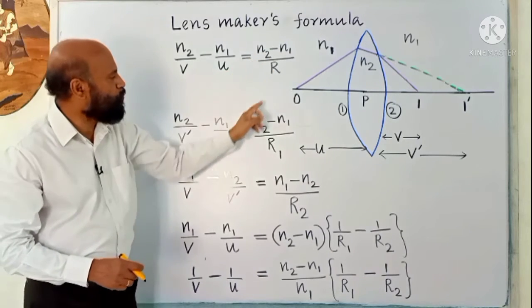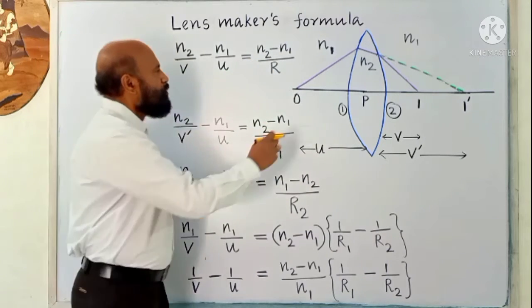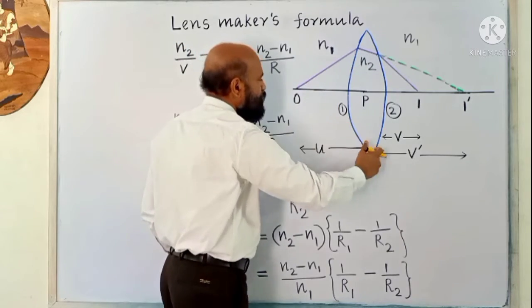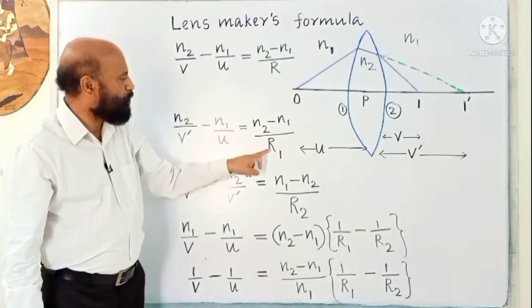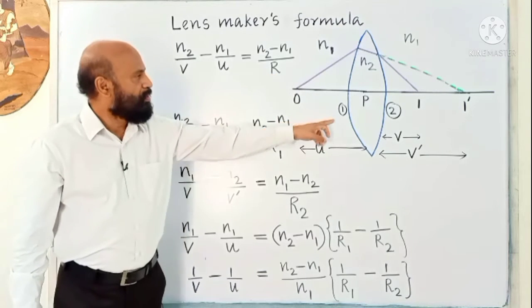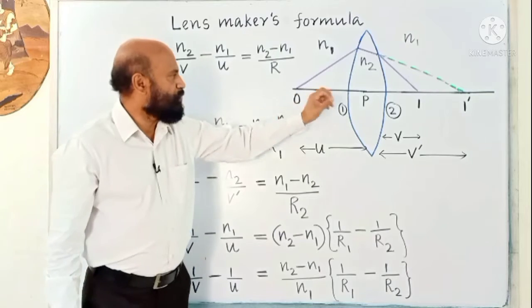Then N2 minus N1 by R, and for this first surface the radius of curvature is R1, so instead of R we write R1. So we apply the equation for the first surface.